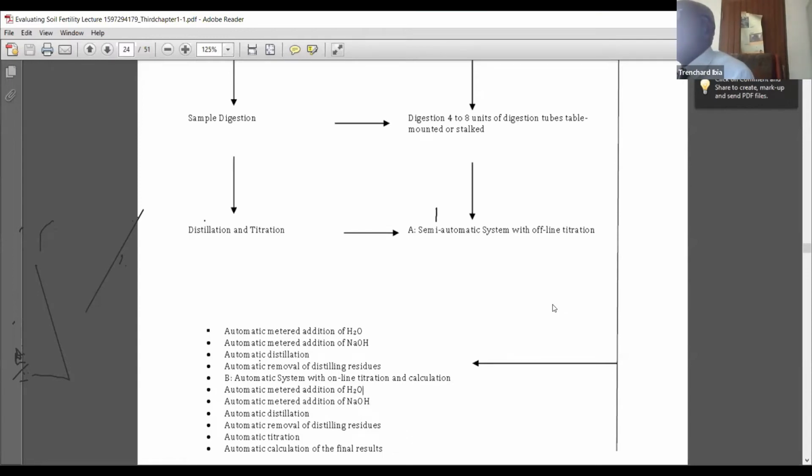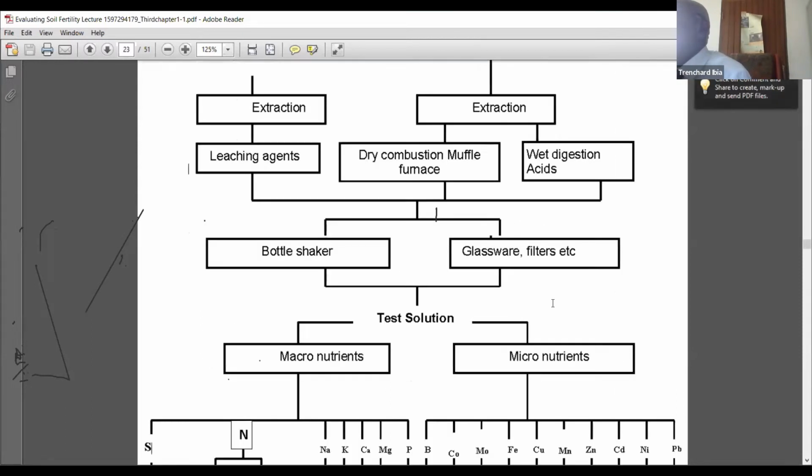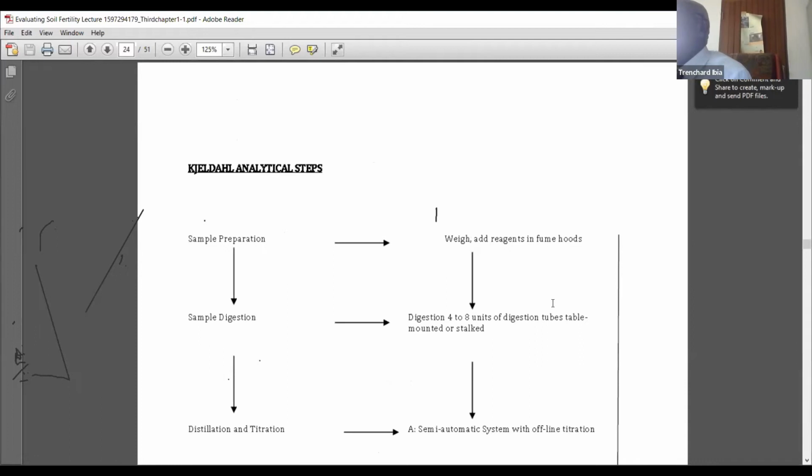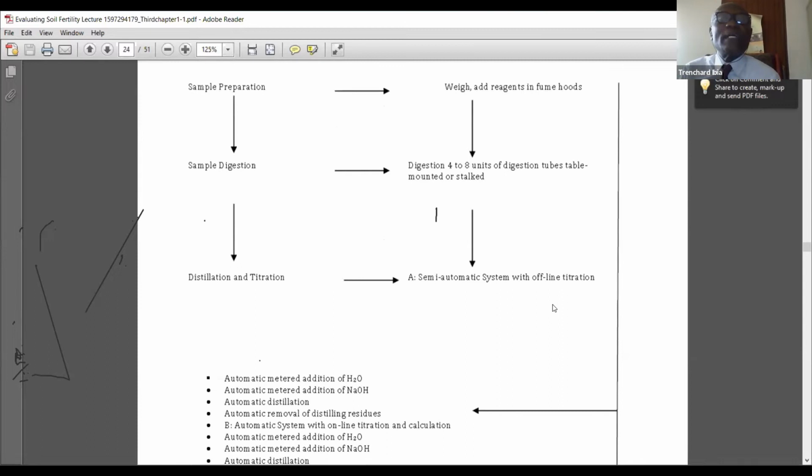There are very many things to do at the end. You have automatic metering of solutions. You have an automatic way of doing things, and several things are done automatically at the base.